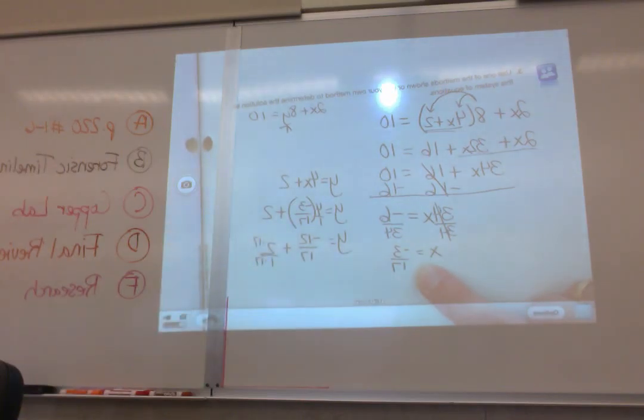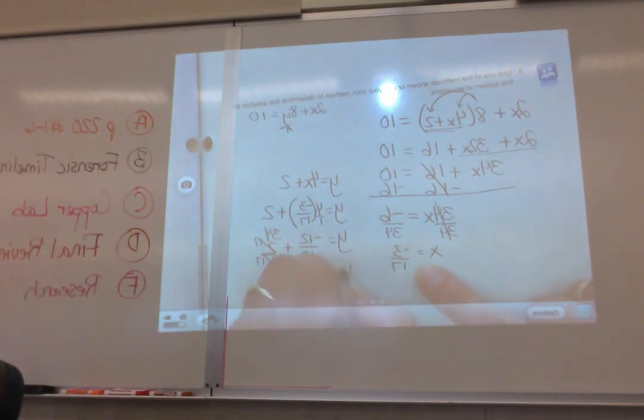Why am I doing that? Common denominator. When we add, that's something we need to do. This turns into 17. What's 2 times 17? 34. Okay, so now I have negative 12 plus a positive 34. 22.